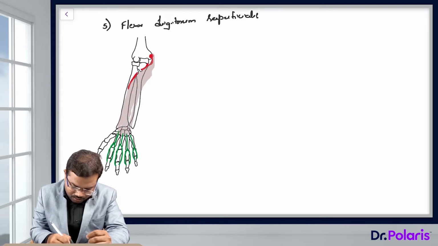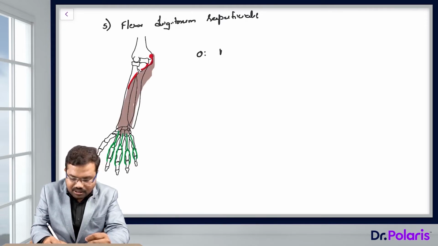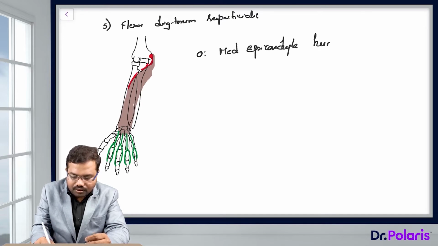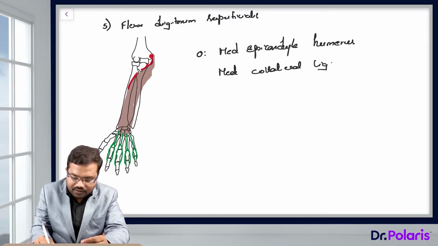Flexor digitorum superficialis. So where is the origin? First one is the medial epicondyle of the humerus. The second one is the medial or ulnar collateral ligament. Part of the fibers will be coming there.